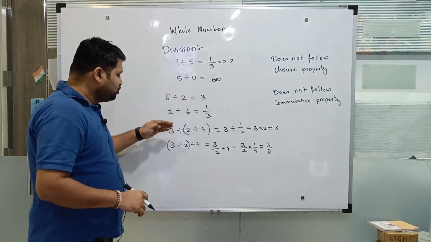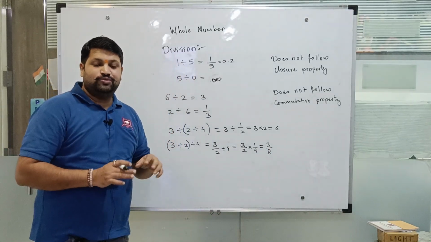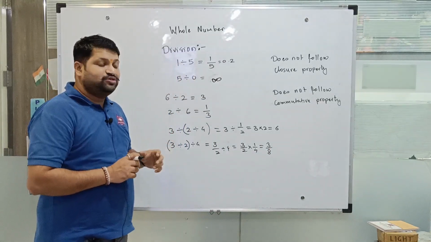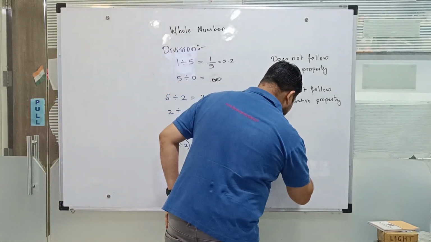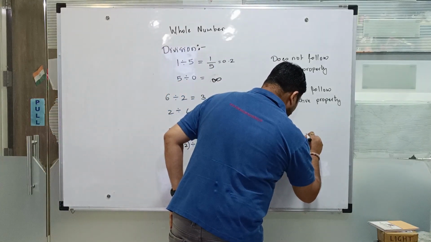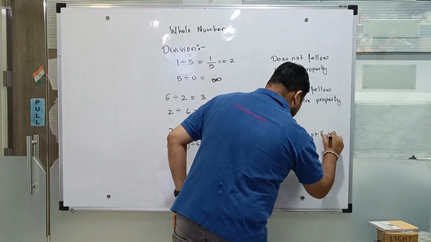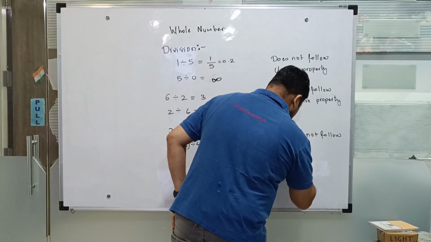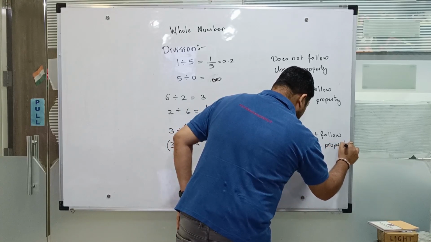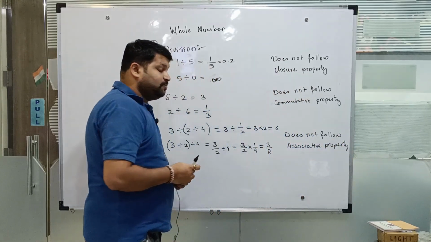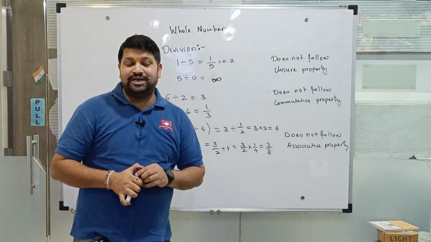Both of them are not the same, which means that division does not follow associative property.